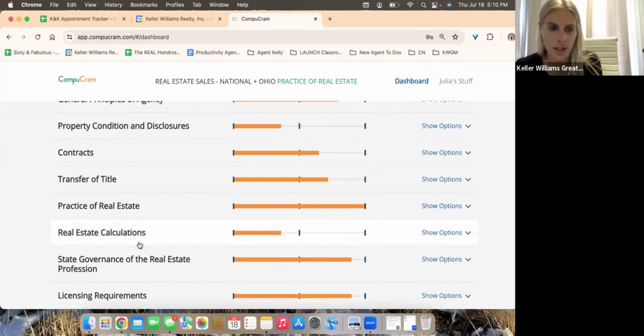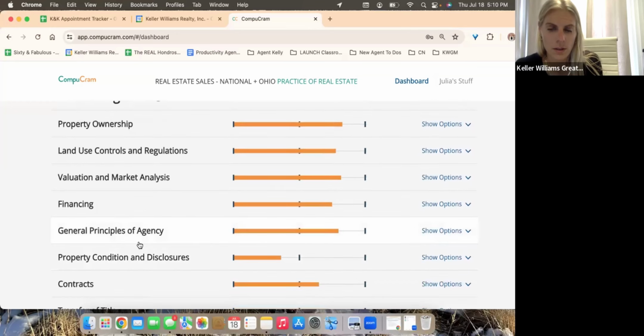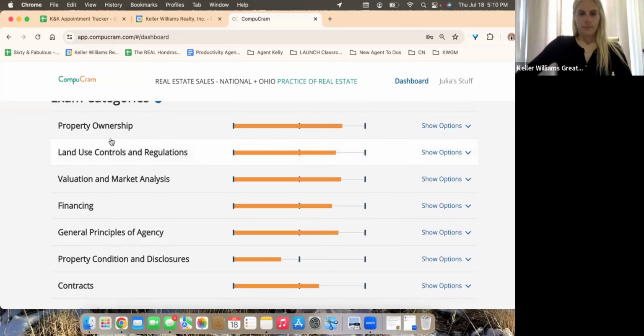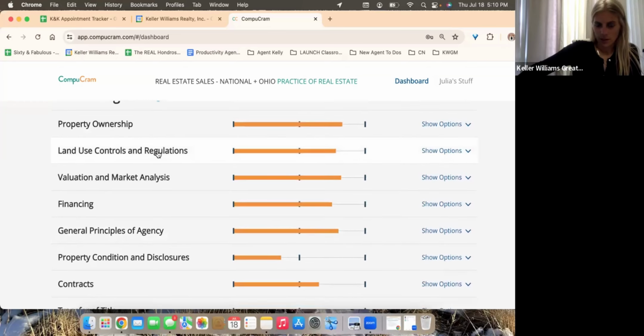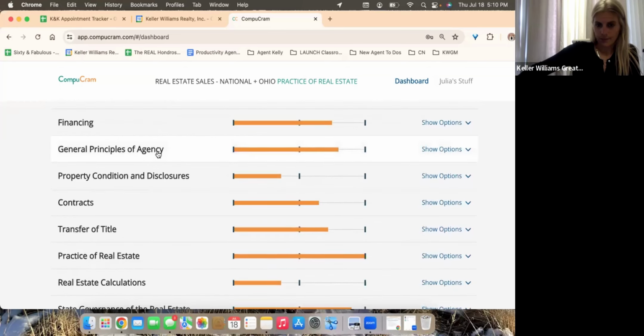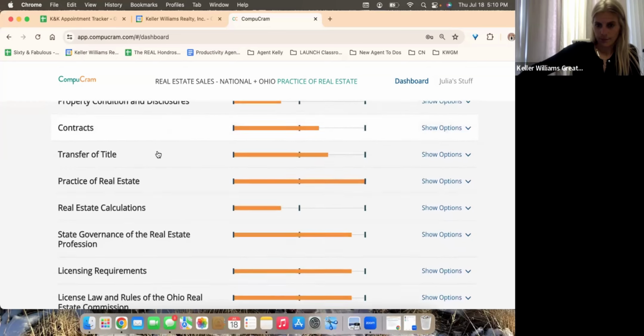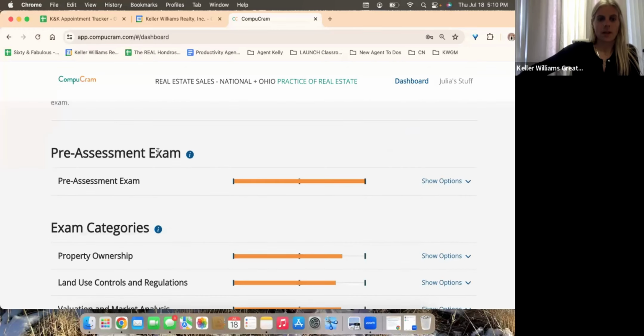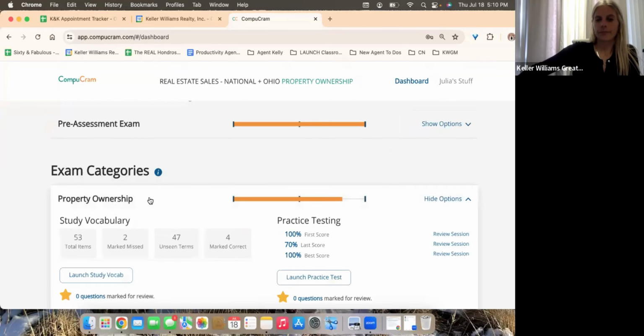Right, let's do. Let's see, which one do we not do a lot of? Okay. Okay, let's do property ownership.